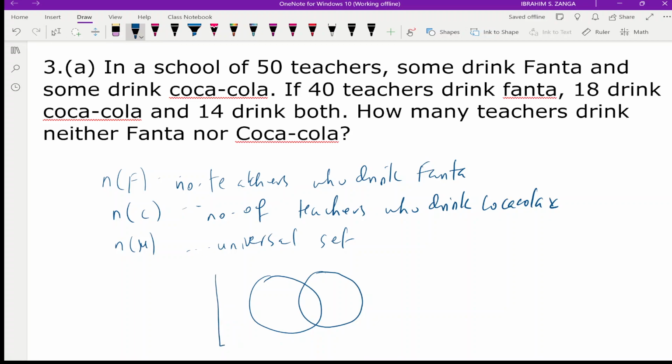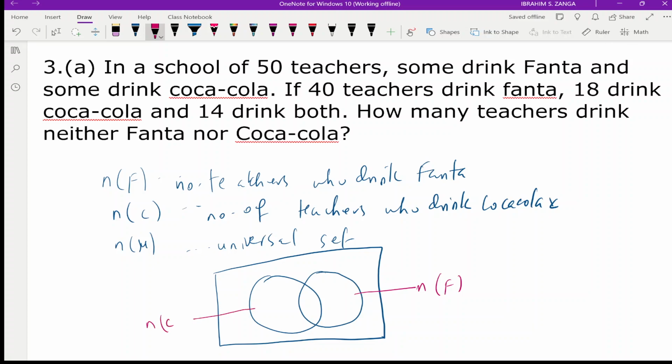You're going to assume this to be a set representing those who drink Fanta, and this one is the set representing those who drink Coca-Cola, and here the intersection. You can see those who drink both Coca-Cola and Fanta, they are 14.